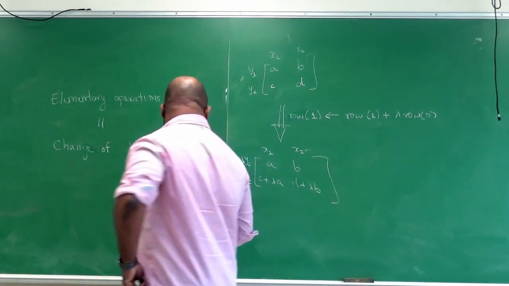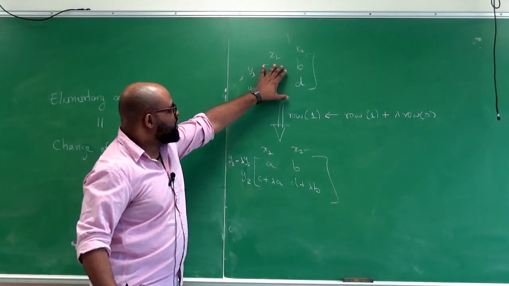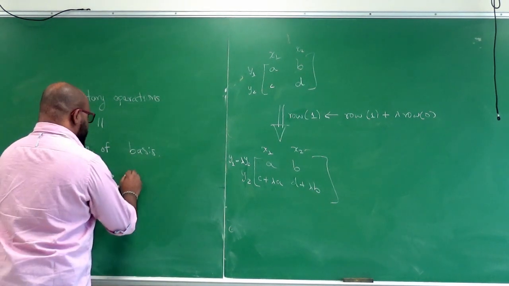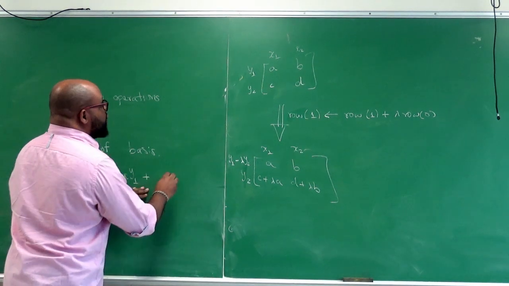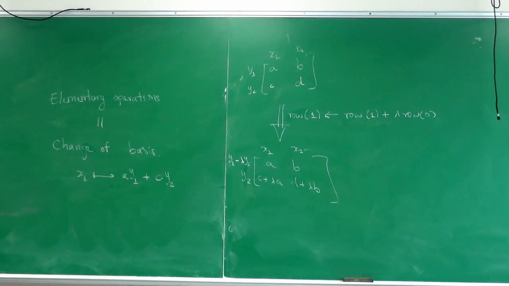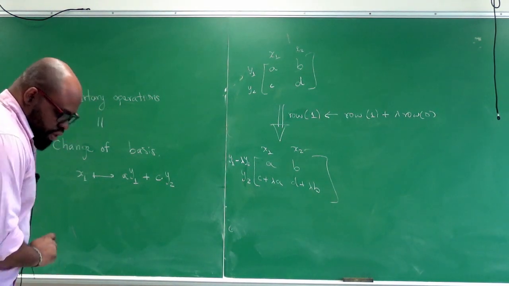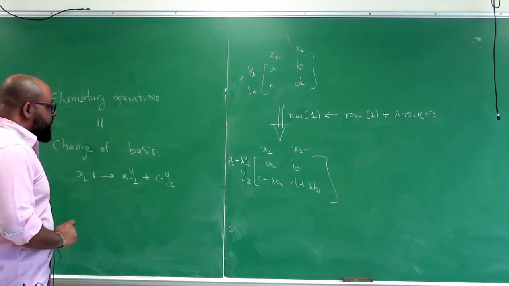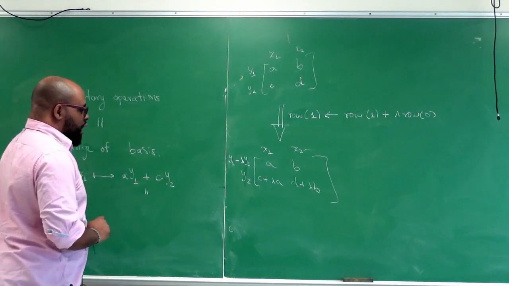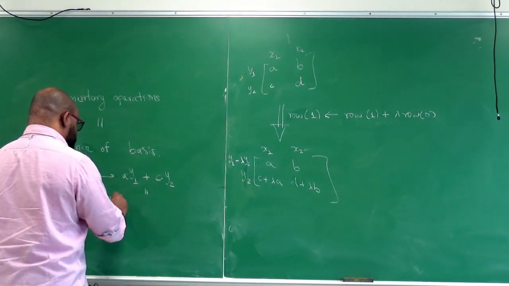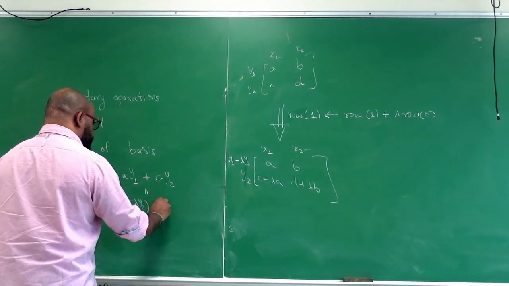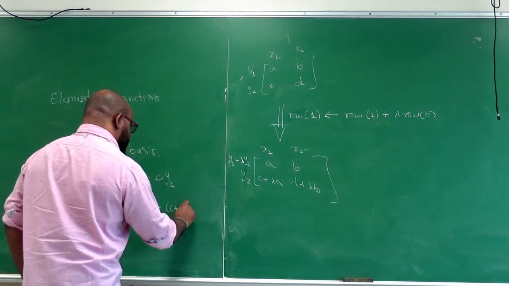Okay. So if you have a matrix like this, what it is saying is that x1 is going to a y1 plus c y2, right? So that's what the matrix representation is telling you. So if this is true, then notice that this is also equal to a times y1 minus lambda y2 plus c plus lambda a y2.